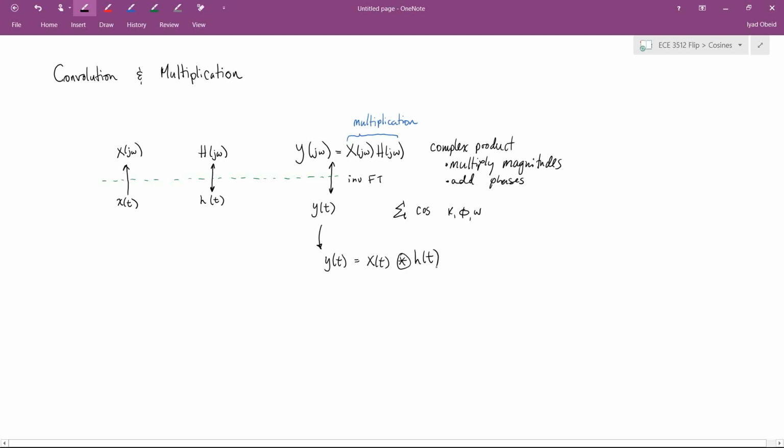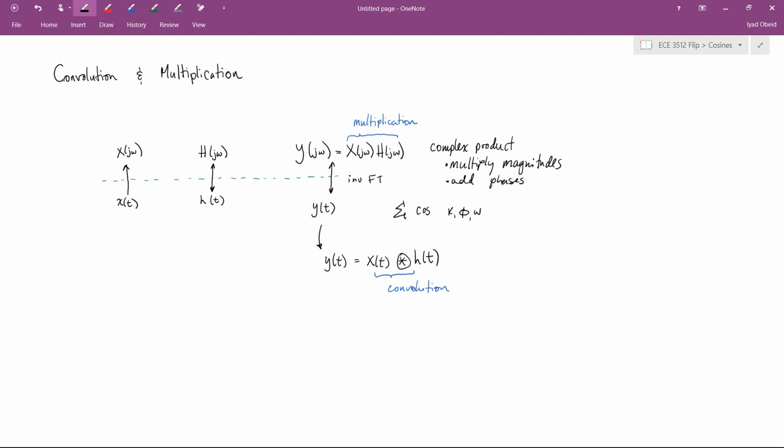So, whereas in the frequency domain, the operation we did was multiplication, in the time domain, the equivalent operation is convolution. And this is a really, really important property.